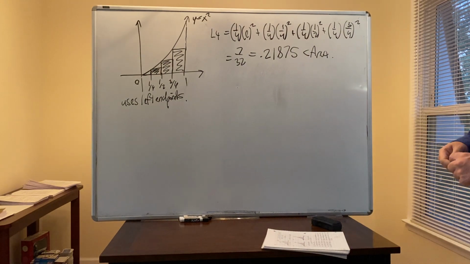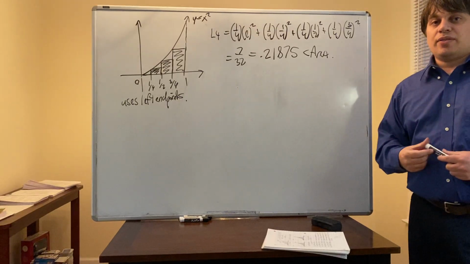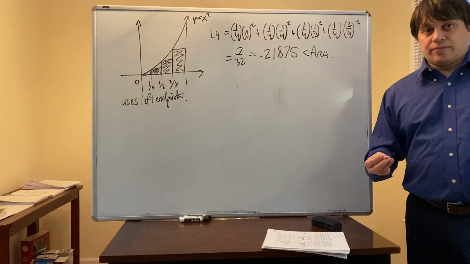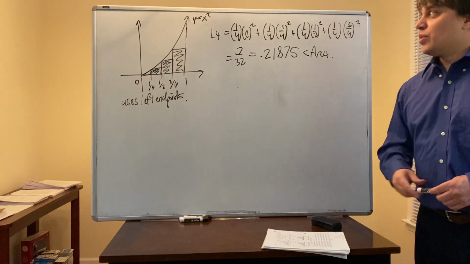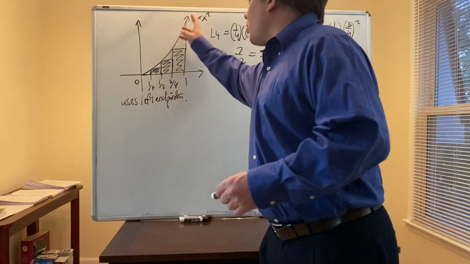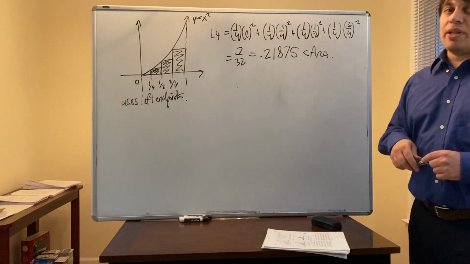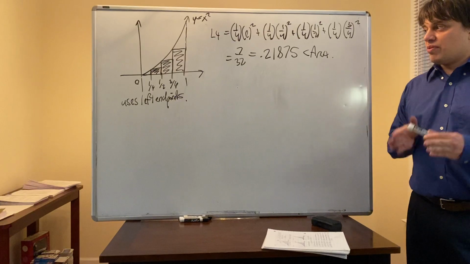So this is an example of using left endpoints in each subinterval to find approximating rectangles and adding up their areas to find an approximation for the area under a continuous curve over an interval. The area under y equals x squared from x equals 0 to x equals 1 is approximated by these 4 rectangles using left endpoints and subintervals of length 1/4.